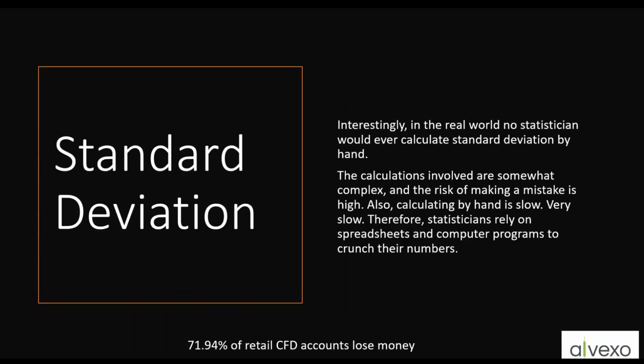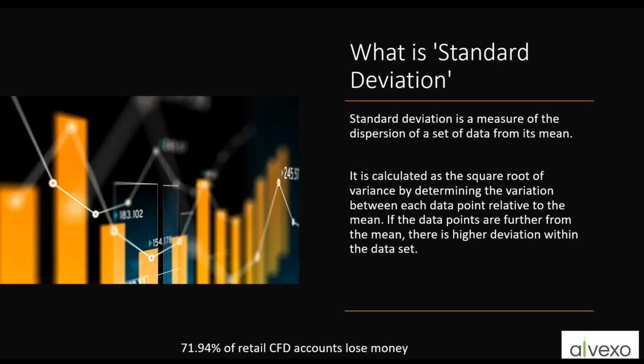So we have to start with standard deviation. Interestingly, in the real world, no statistician would ever calculate standard deviation by hand. The calculations involved are somewhat complex, the risk of making a mistake is high, and calculating by hand is very slow. So, like I said, we never have to calculate it, but we need to understand it.